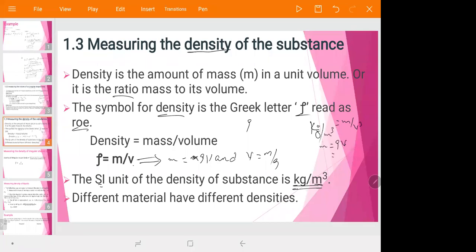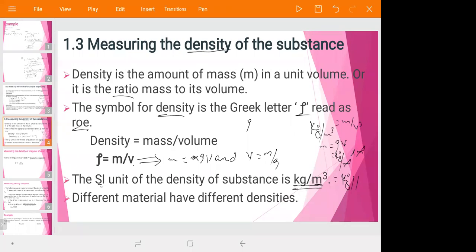Let us insert the SI units: kilogram per meter cube times meter cube. Meter cube is cancelled by meter cube, so the SI unit of mass is kilogram. When you calculate in physics, you must remember the SI unit, because at the end you will express the given physical quantity by its unit. It gives it for you by itself if you apply the equation correctly.